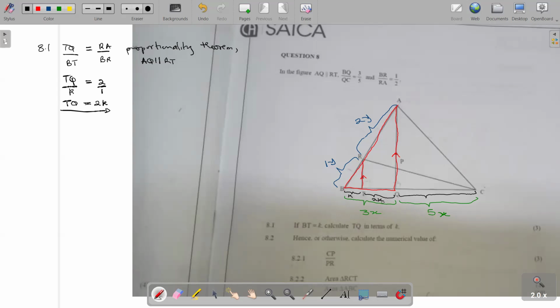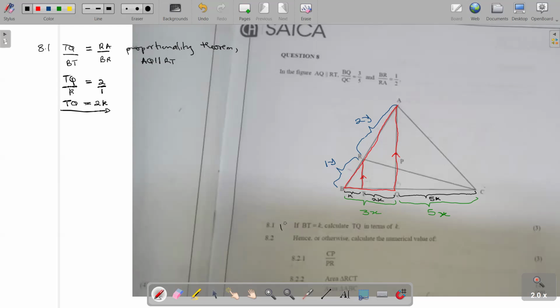Here we are now having 3K, which is K plus 2K. So this part QC will be represented by 5K, based on our calculations that we already did.